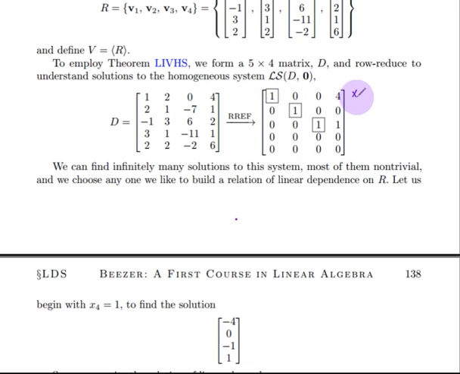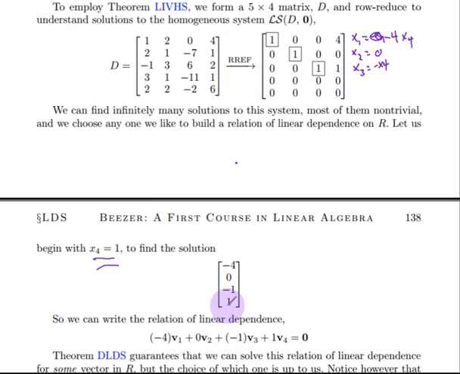This one says that x1 equals minus x4. This one says that x2 is equal to 0. This one says x3 equals minus 4x4, sorry. And x4 is undetermined. Now let's just choose any old x4. Let's choose x4 equal to 1. So that's what he does here.